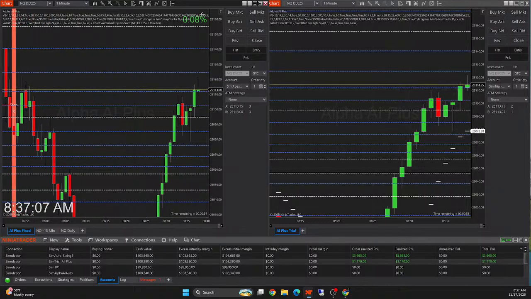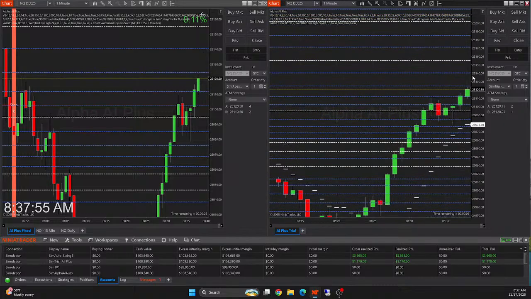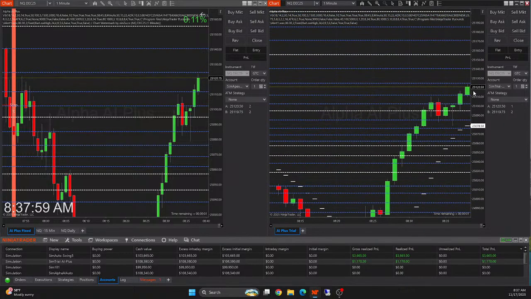Market still pushing up. But the template with the lowest drawdown is this one, the one that's moving the stop loss by market structure.